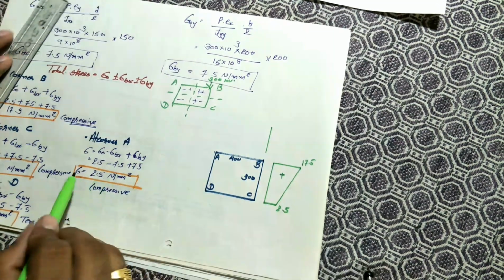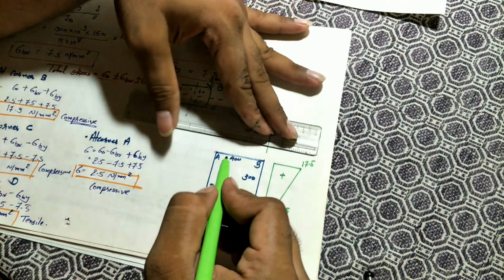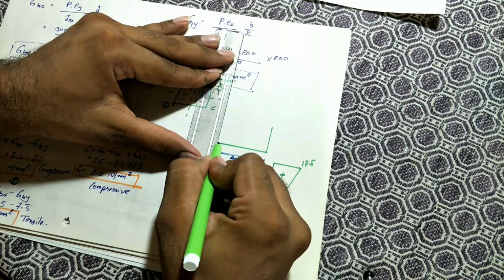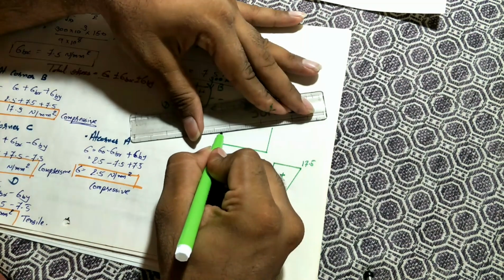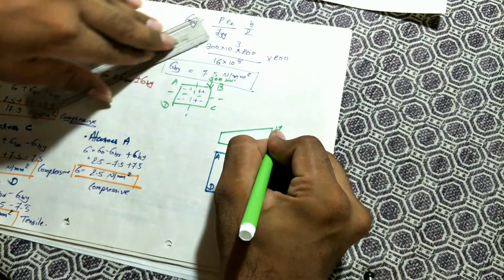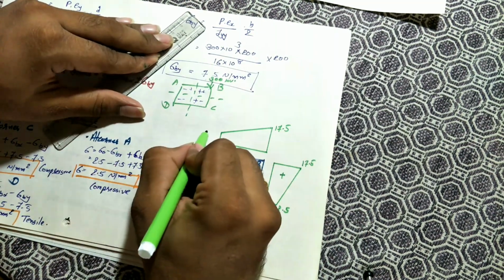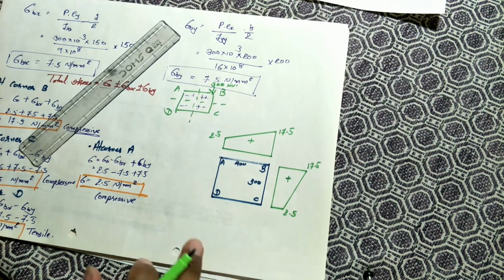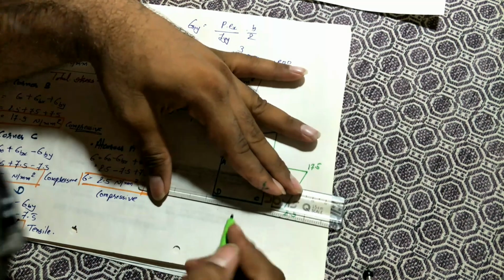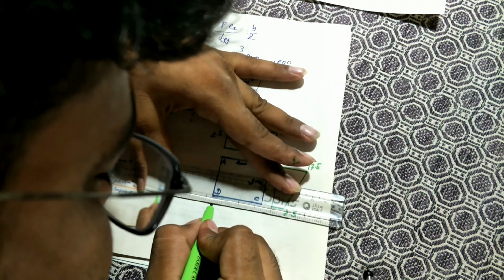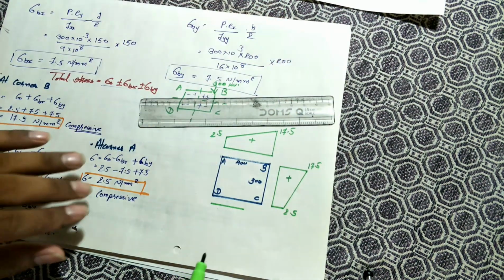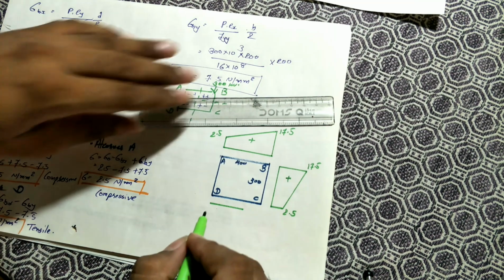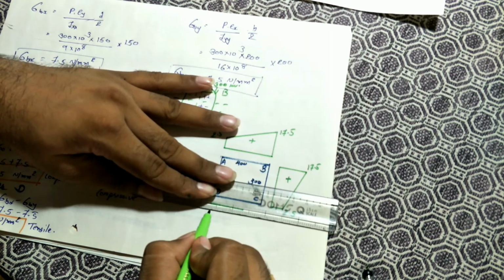Okay, so at A we are getting 2.5 plus value, so this is like this, this is 17.5 and this will be 2.5 plus value. Okay, now at D we are getting a negative value, so we'll draw this line first. Oh, sorry, so we'll not consider this line.